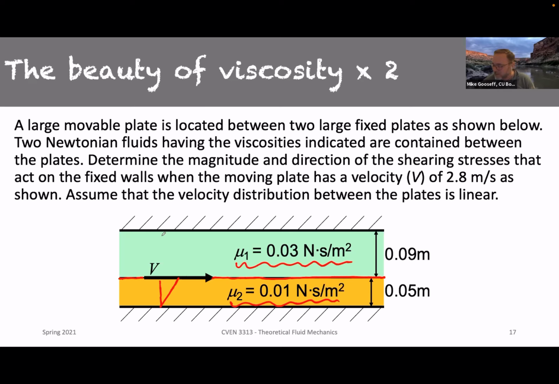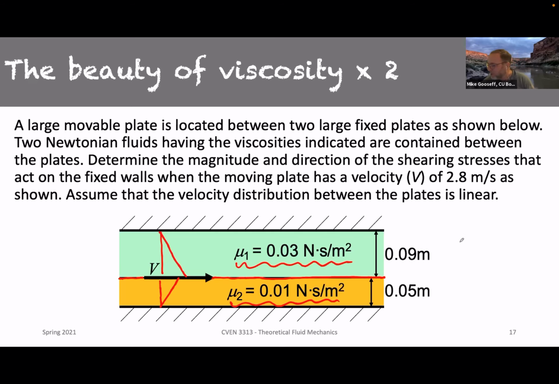And the same thing over here, we have this increase. The idea is we're going from 0 to 2.8 for the top fluid over 0.09 meters, and at the bottom fluid, over 5 centimeters, we go from 0 to 2.8 meters per second. Okay, so some pretty strong.